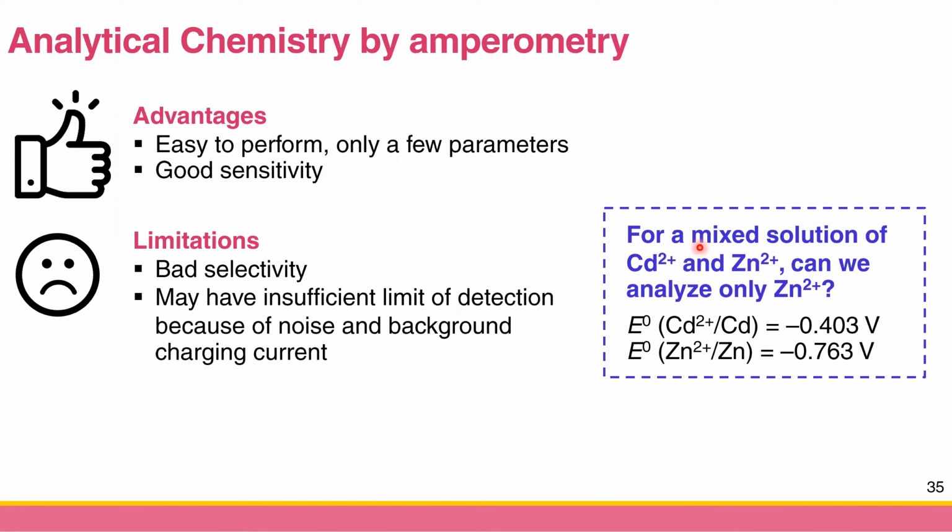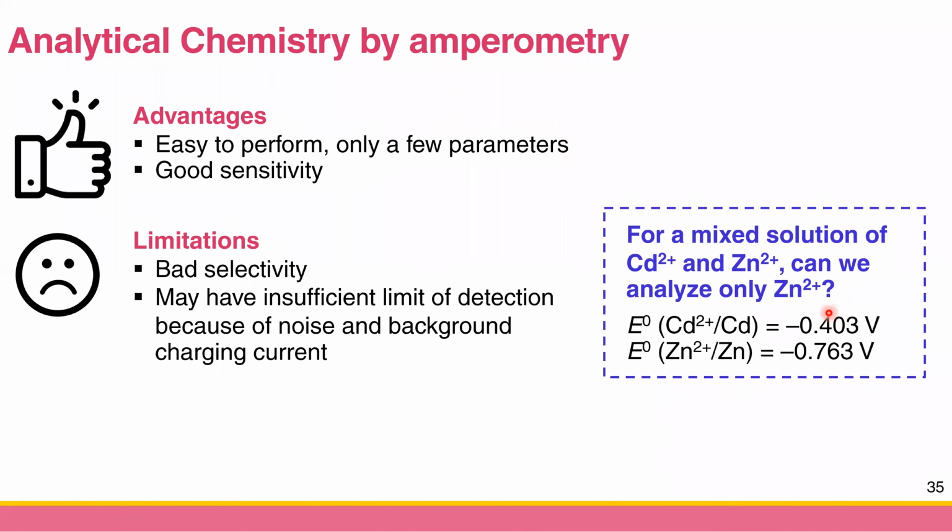For the mixed solution of cadmium ion and zinc ion, can we analyze only zinc ion? If we want to analyze only cadmium, then we apply a potential lower than this number, right? Because we want to do reduction. We have ions and we want to reduce them to solid. So we have to apply a potential lower than this. If we want to analyze only cadmium ion, then we apply something lower than minus 0.4.